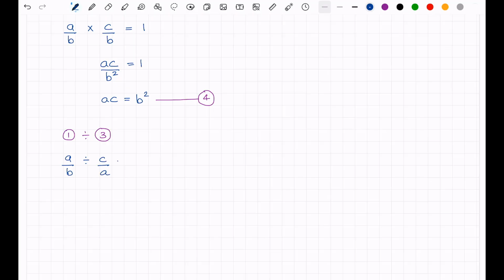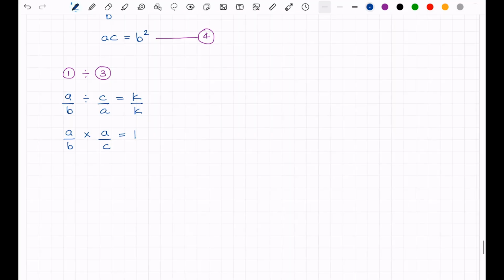And once again, it will be equal to k over k. So again, we will keep our first fraction, we will flip our second fraction, and we will change to multiplication, and that will be equal to 1 since k on k is equal to 1.